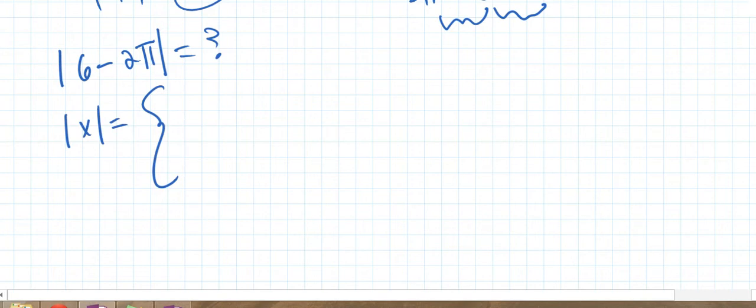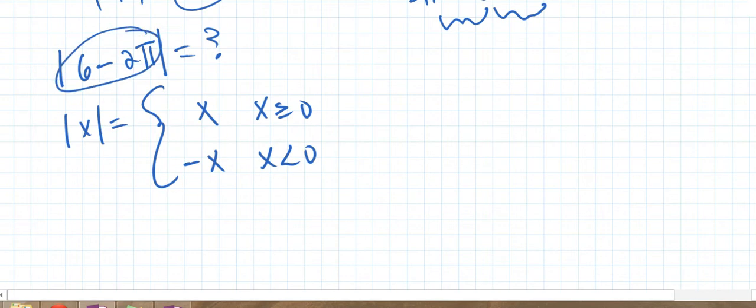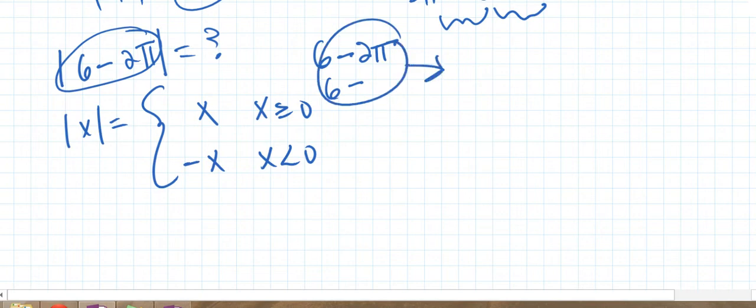When x is greater than or equal to 0, it's equal to x. Negative x, when x is less than 0. With this definition, we evaluate what's on the inside real quick. 6 minus 2 times pi. We know pi is greater than 3, so anything greater than 3 times 2 is going to give you something greater than 6. So this is going to give you a negative overall number.